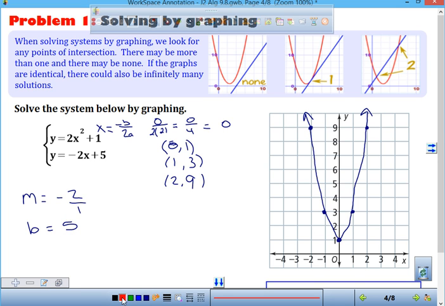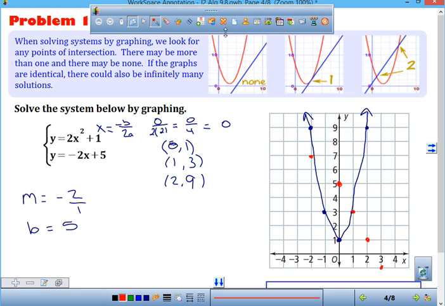I'm going to graph this in a different color. So we start at the y-intercept of 5, and the slope tells me to go down 2 over 1. If I run out of room that way, I can go the opposite direction, up 2 over 1. And I draw my straight line with a straight edge.